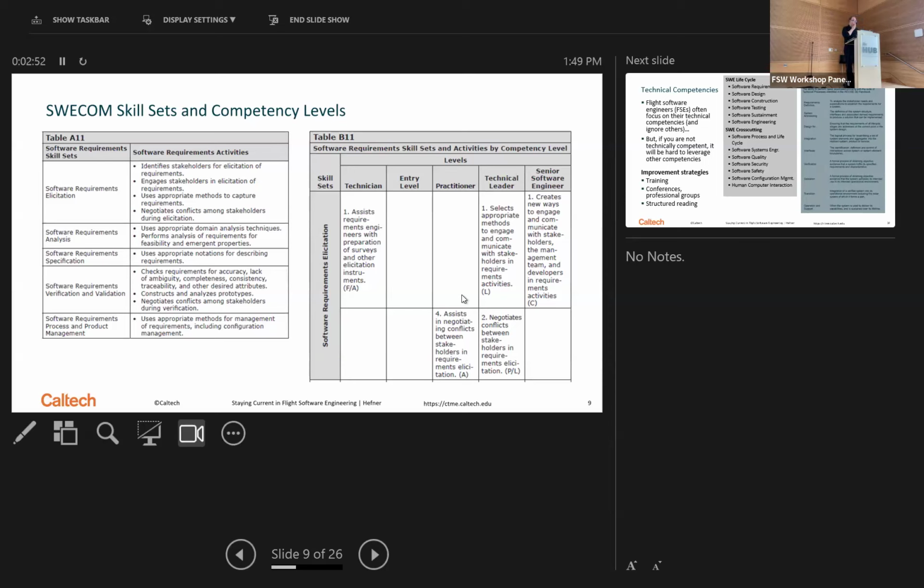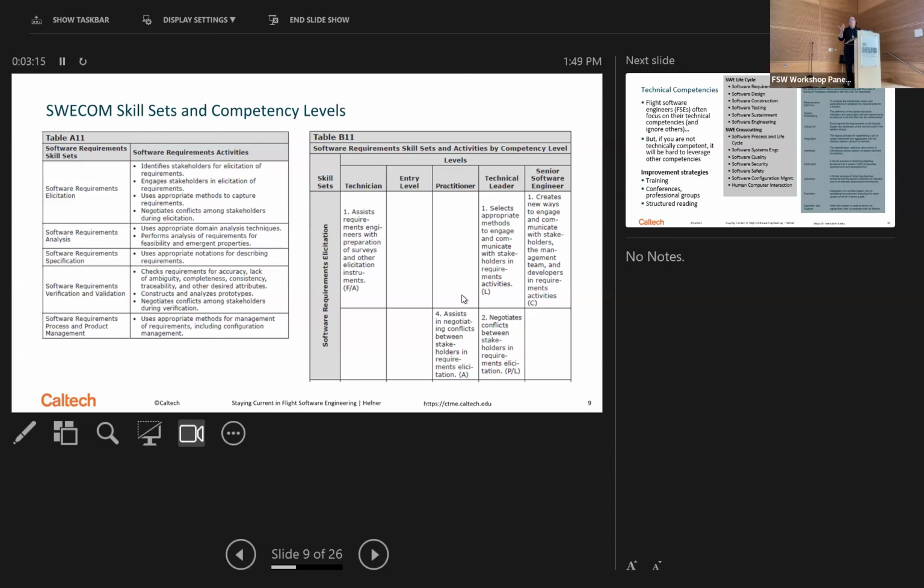So again, depending on where you are in your career, you'd want to do this. Now, I did quite a bit of research and I didn't find any flight software engineering competency model. You might think about something that we might want to develop as an industry as guidelines going forward. But I thought it would be useful for you to take a look at the two together.